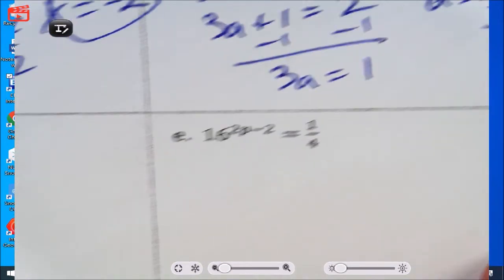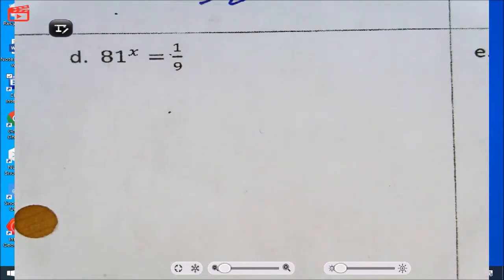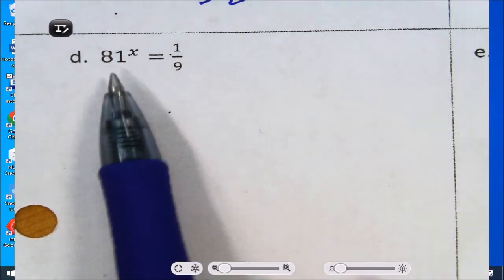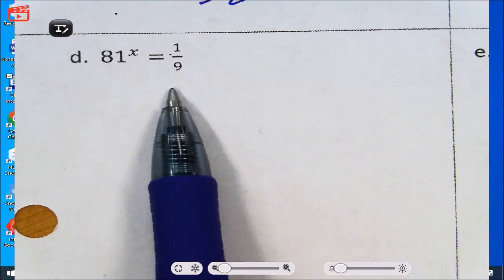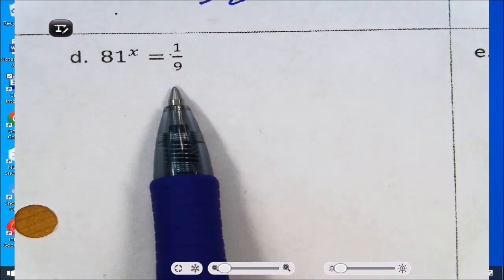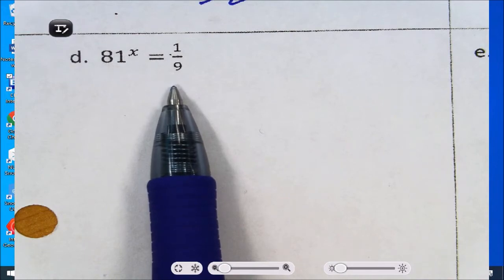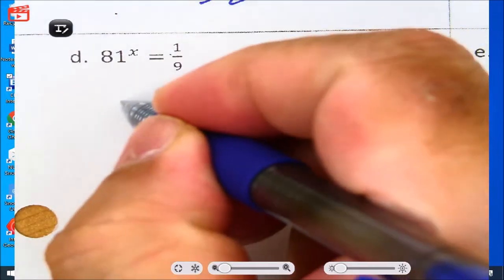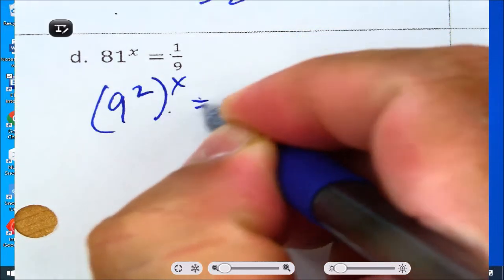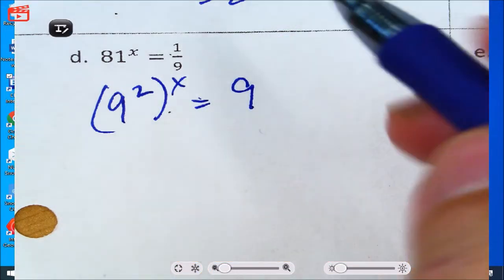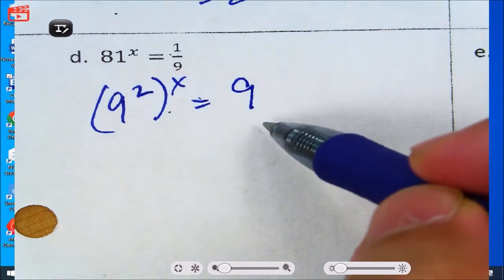Alright. D. So here, can you write 81 as a power of 9? What's 81? 9 to the what power? 9 to the second power. So it's 9 to the second power, x equals 1 over 9. So I'm going to write this without the fraction. How do I write this without the fraction?